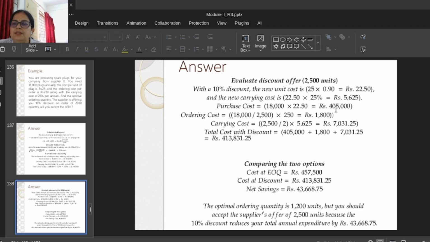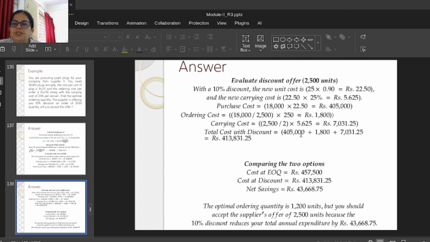So purchase cost equals 18,000, our annual demand, into 22.50, that is 4,05,000. Ordering cost, D by Q into CO, that is 1,800. Carrying cost, Q by 2 into 5.625, that is 7,031.25.